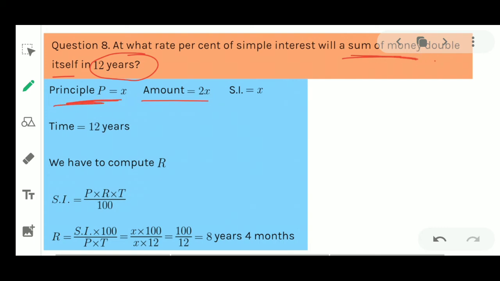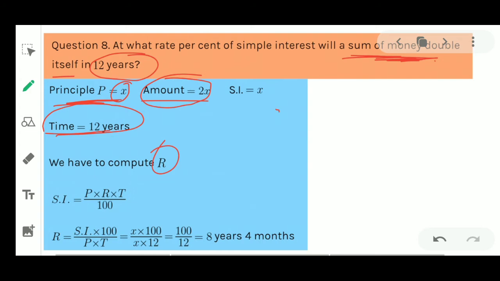It means amount equal to 2x, and SI equal to x, because SI is amount minus principal. So 2x minus x equal to x. So that's why simple interest is x here, and time equal to 12 years, that is given, and you have to find out R.